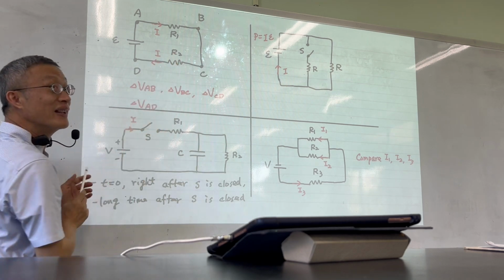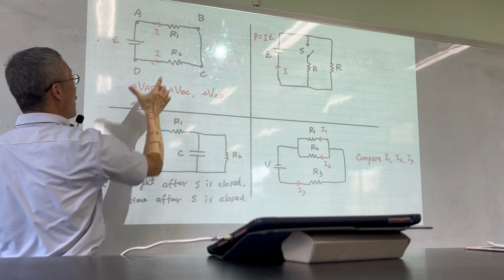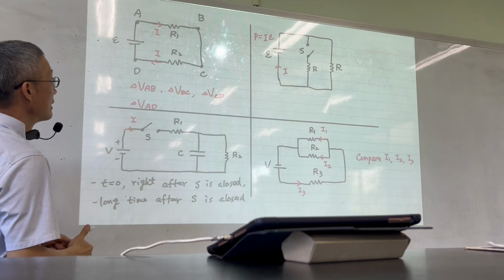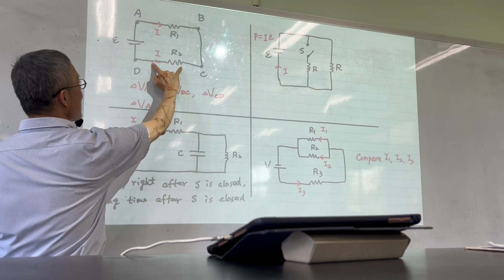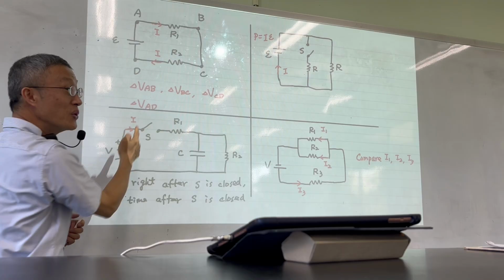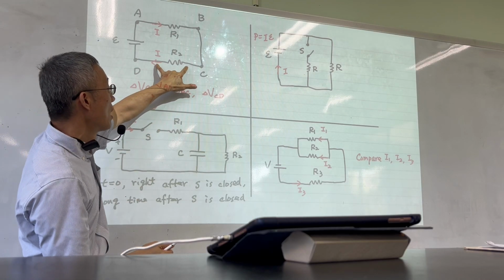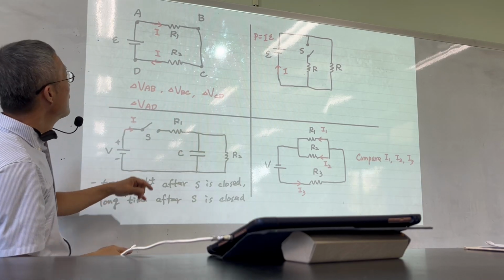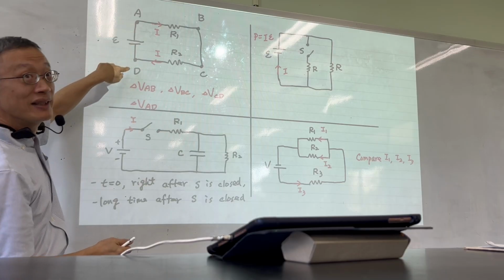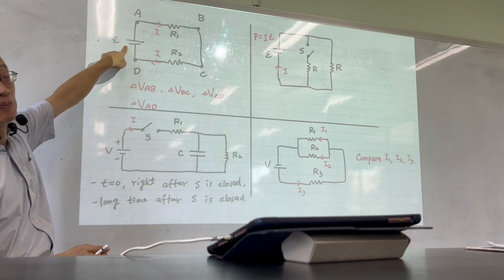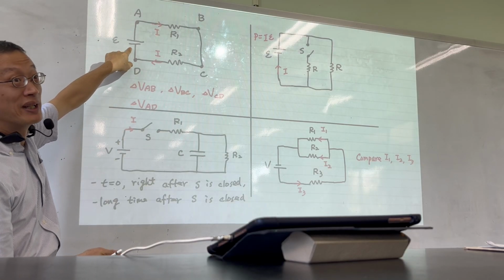It's IR1, the potential difference across the resistor R1. Potential difference between C and D is IR2, the potential difference across resistor R2. And potential difference between A and D is the potential difference provided by the battery, E, right?